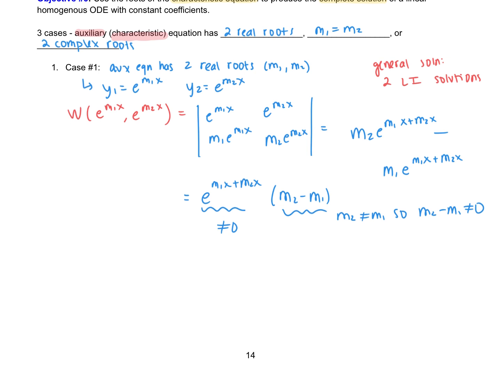What does that tell us then? It leads us to y1 and y2 being linearly independent. Therefore, they form a fundamental set.